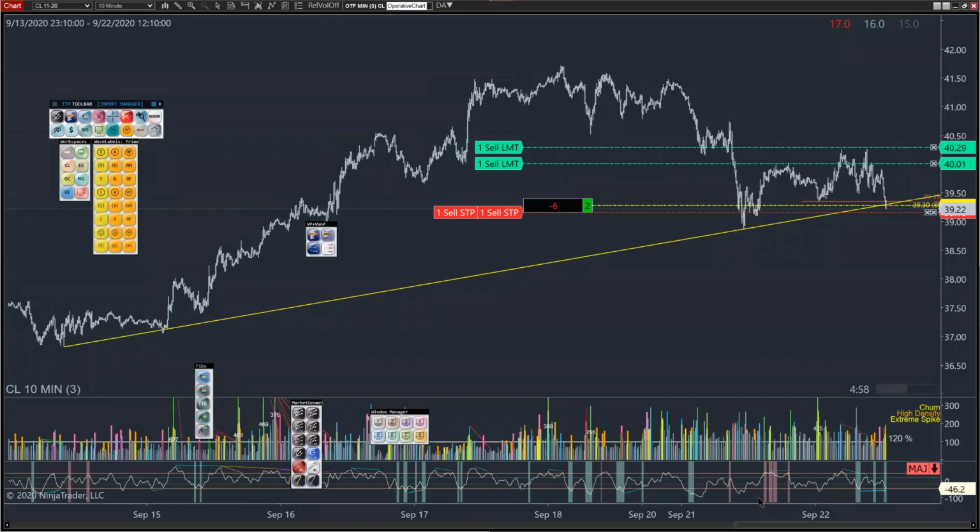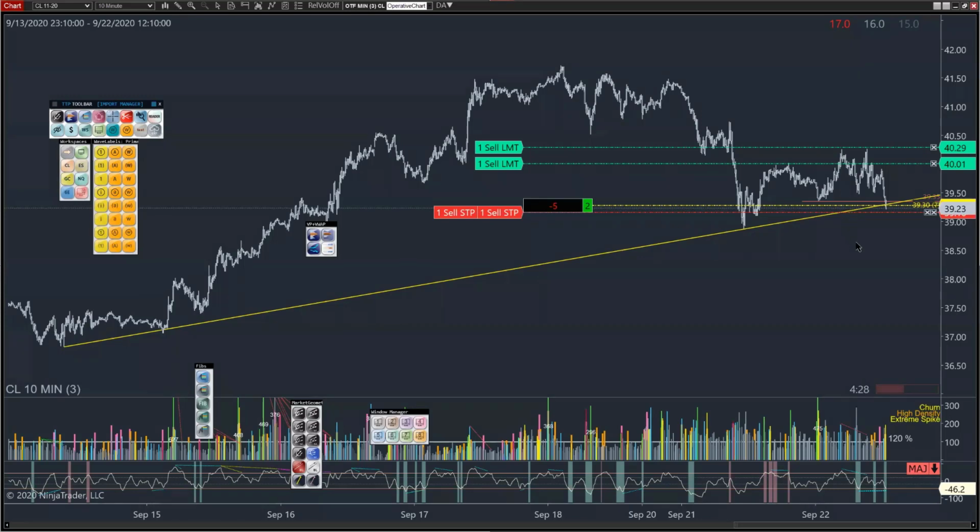The reason I did that is because crude tends to retrace. I say tends to, and usually more often than I should. But crude, you do often see crude retrace 78.6 a lot for wave twos.